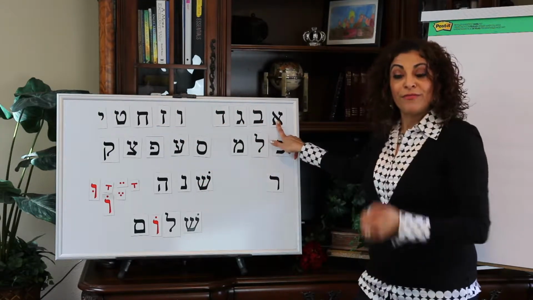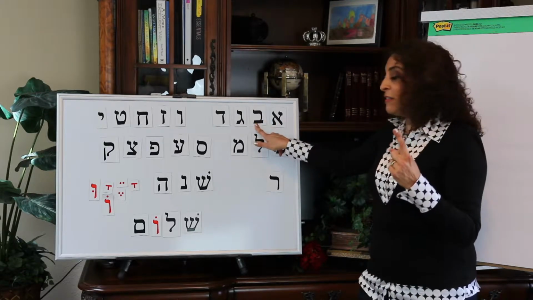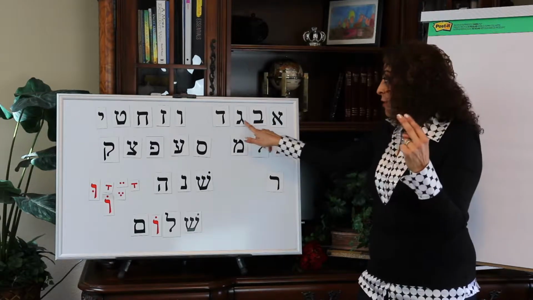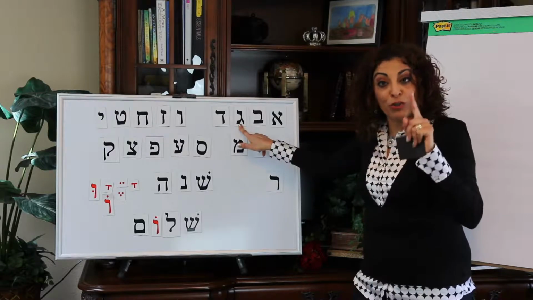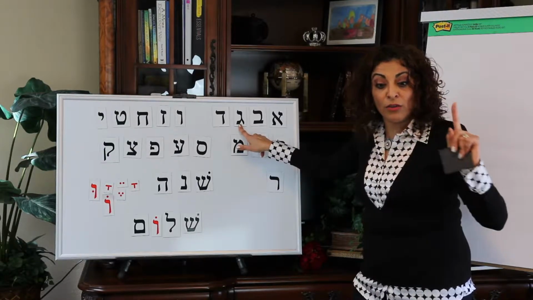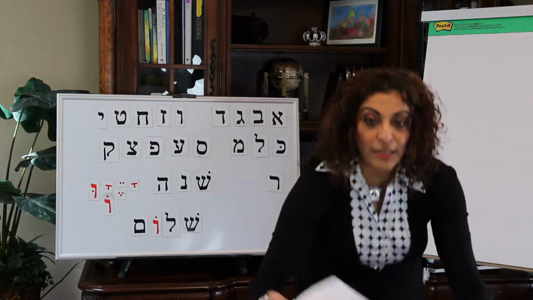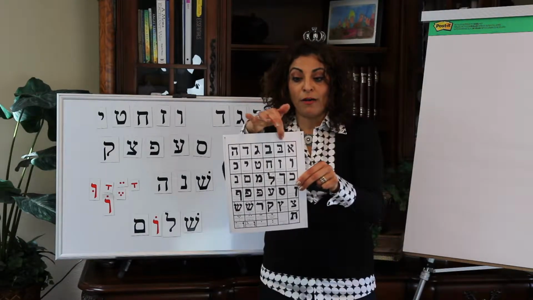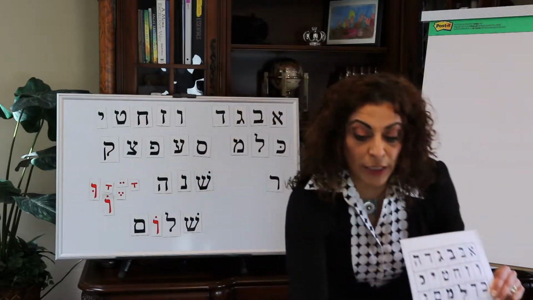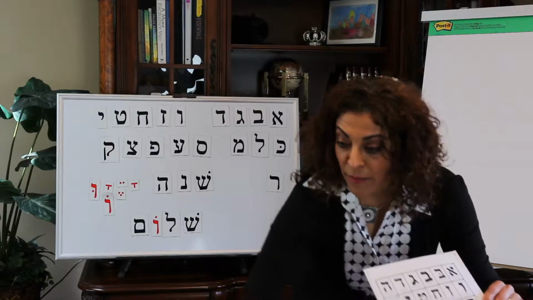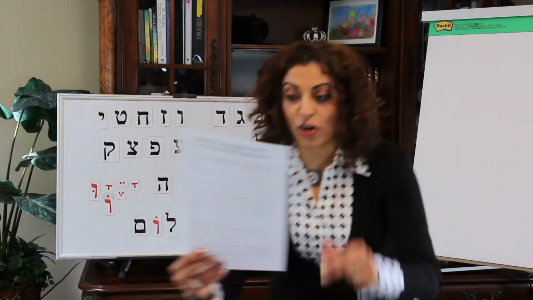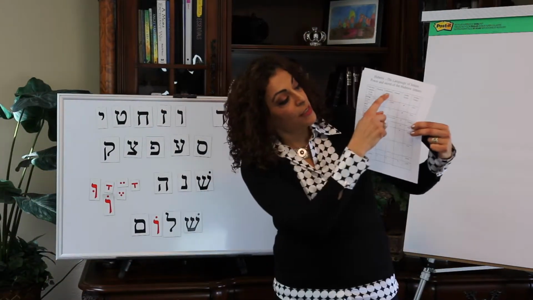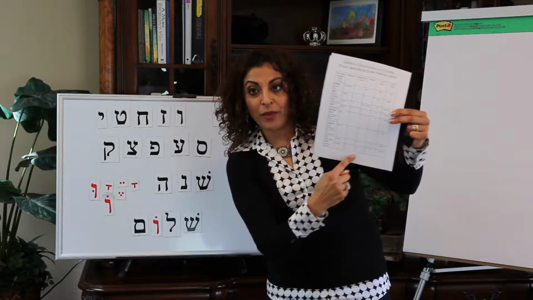The Aleph is 1. Bet is 2. Gimel is 3. If you look at your charts, you will see either this chart that has the numbers right up above, or the chart that I have made, and you can see the numerical value.